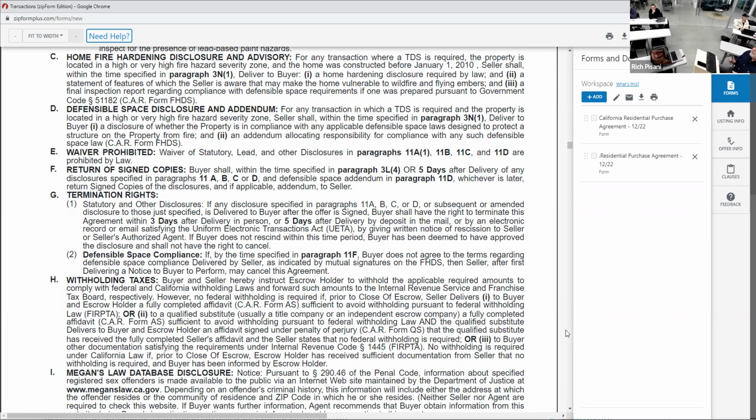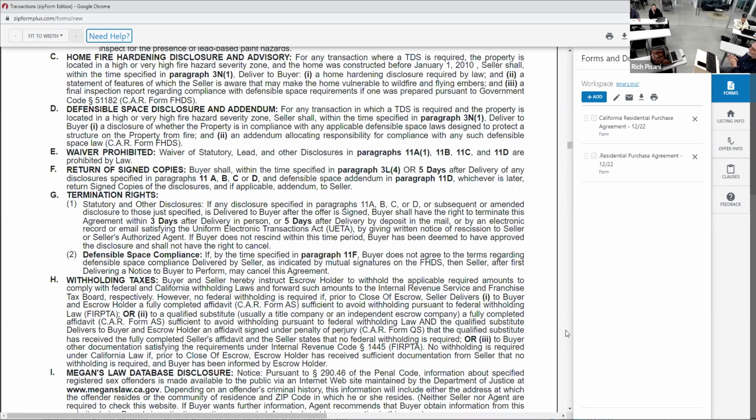If you don't do these statutory requirements, like a TDS, and the TDS on the listing side is not complete until the AVID is attached, so many listing agents wait until the final walkthrough or the inspection to do their AVID. So if you've given the disclosure, the TDS, without the listing agent's AVID, it's not complete.